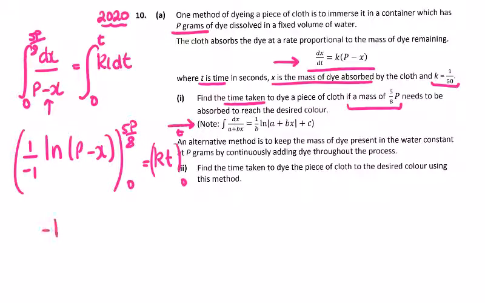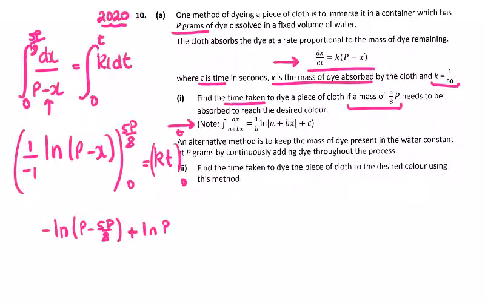So we're going to get minus the natural log of, putting 5P over 8 in, P minus 5P over 8, and then minus 1, so it's going to be plus the natural log of just P.